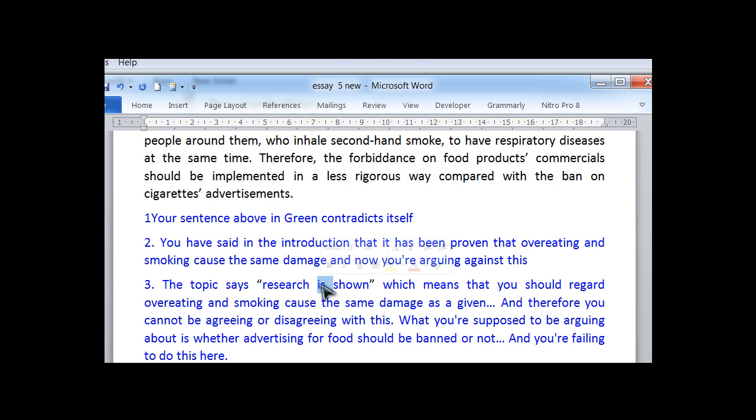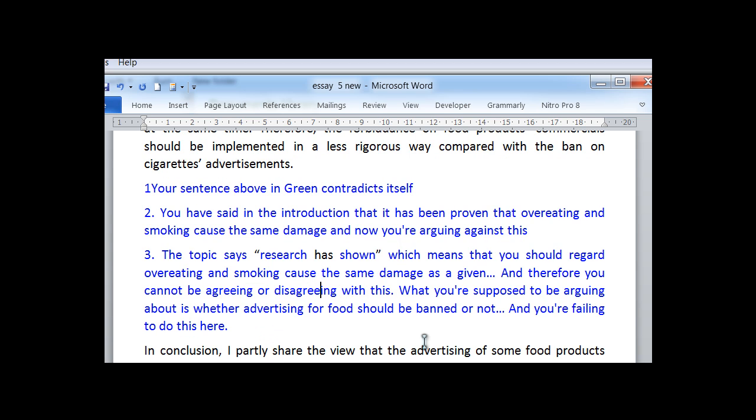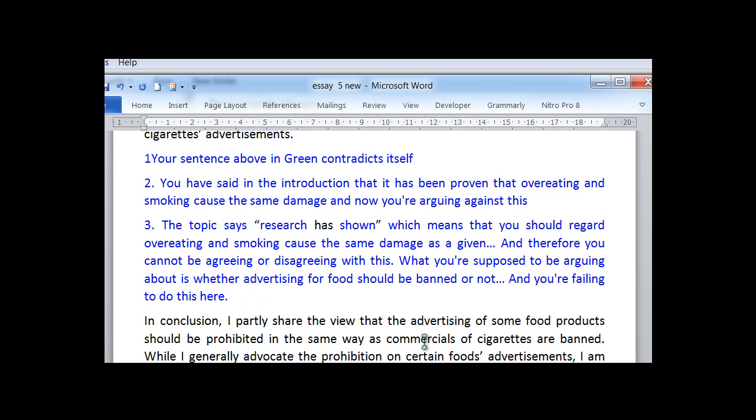Let's just change that now. Research has shown. So that means if the research has shown it, you're not really supposed to be disagreeing with that part. You're supposed to be disagreeing with the part about whether advertising for food should be banned or not. Okay, so that's a big problem. If you wanted to have a concession, then you could do it.